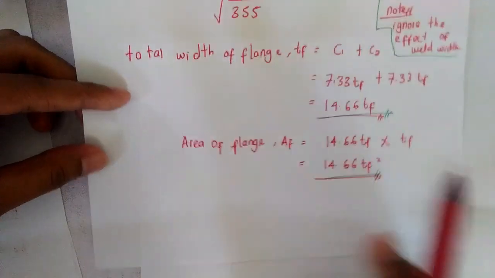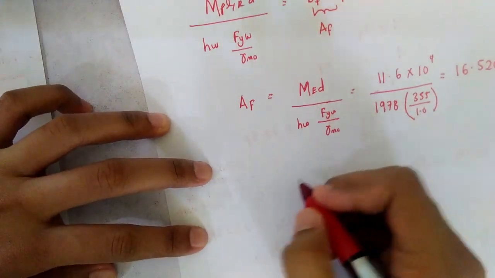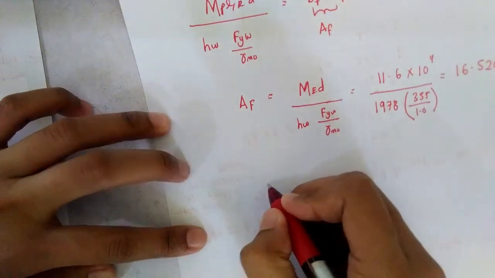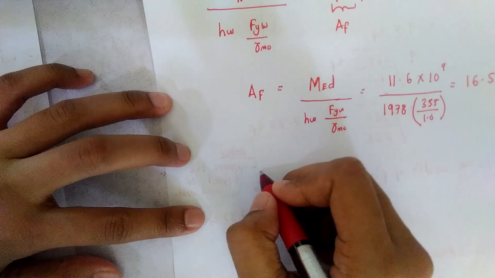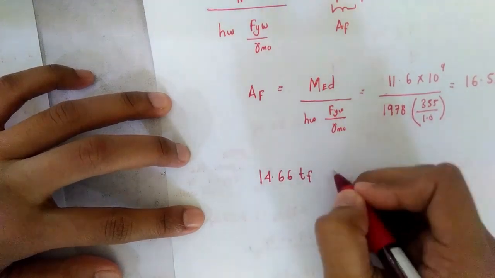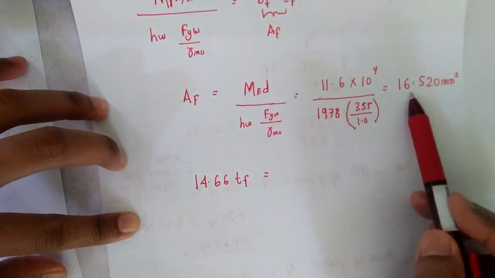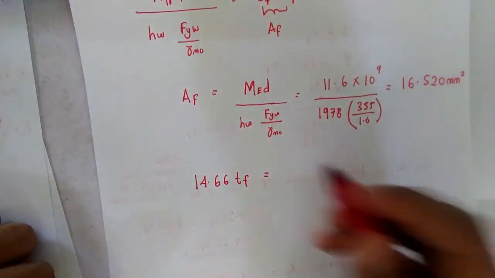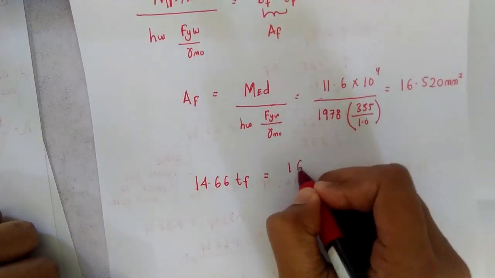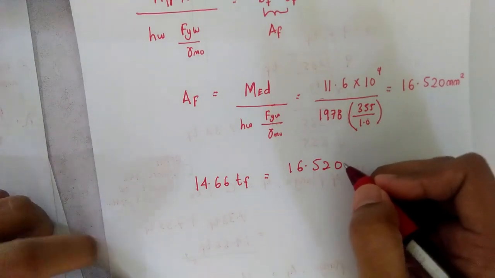What you do next, because earlier you know that the area of flange is 14.66 TF squared, you set them equivalent: 14.66 TF squared is equivalent to the area of flange that you have calculated, which is 16,520 millimeters squared.